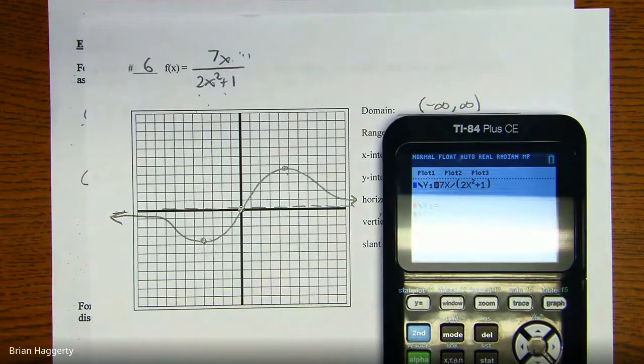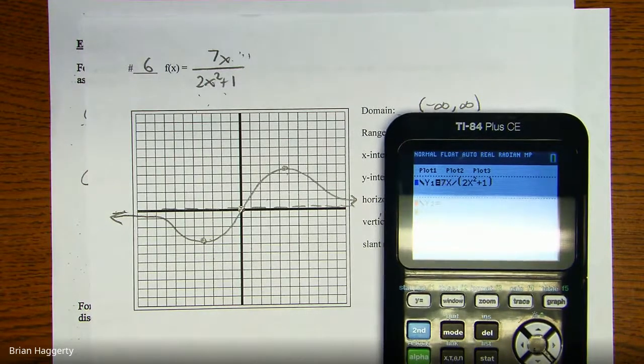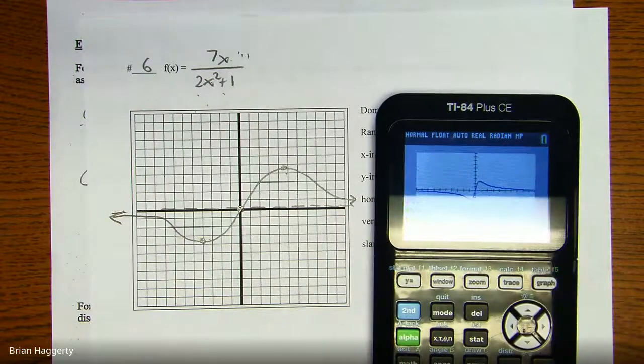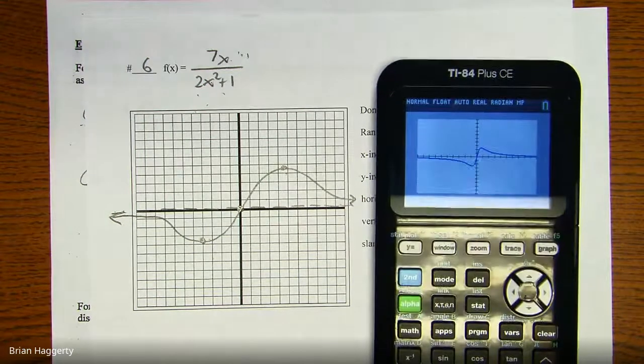So I already have it typed in my calculator, 7x over 2x squared plus 1. And then when you graph it in a standard zoom window, it's kind of very smushed in towards the axes there. So I'll get that maximum point.